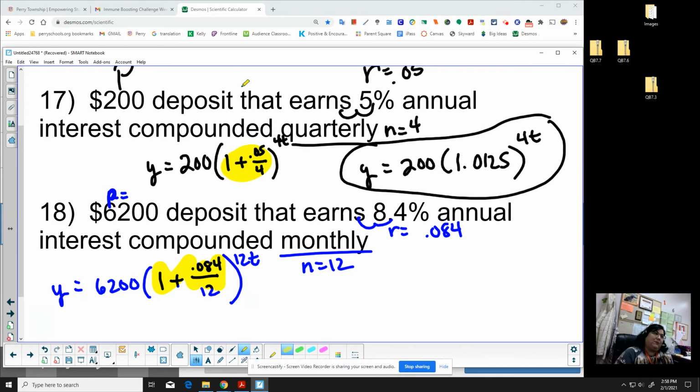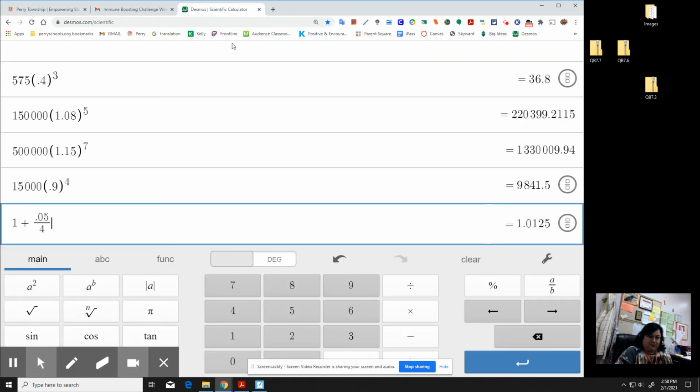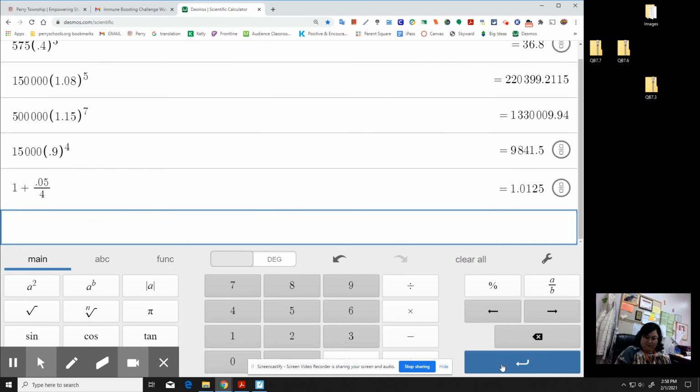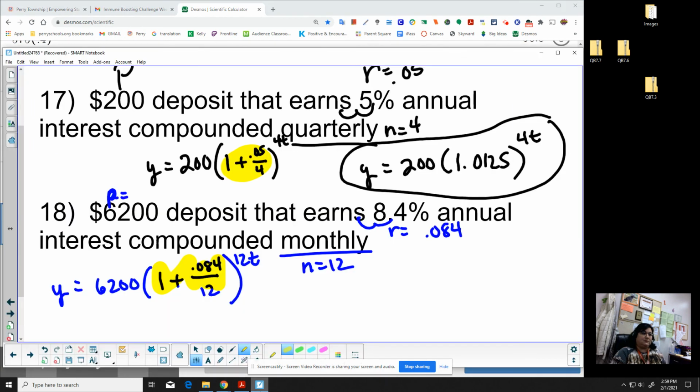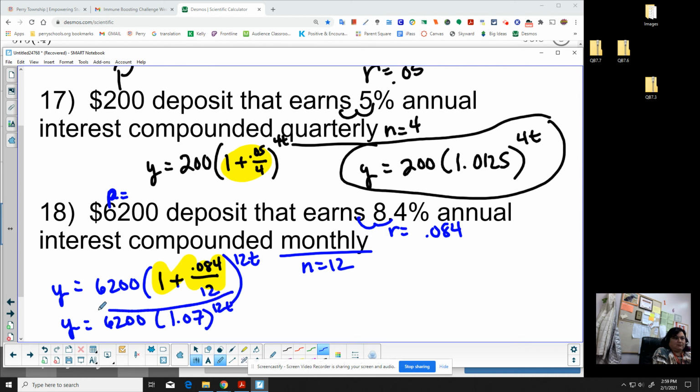So 1 plus fraction 0.084 over 12. 1.007. So I end up with y equals 6,200 times 1.007 to the 12t. This is my answer. I hope you got that. Did you get it? Okay.